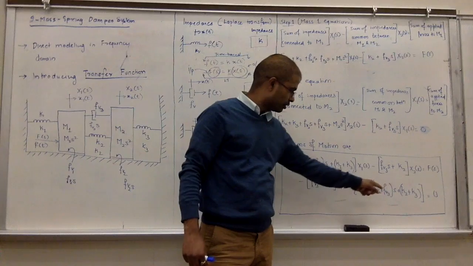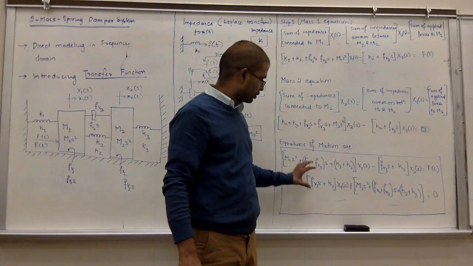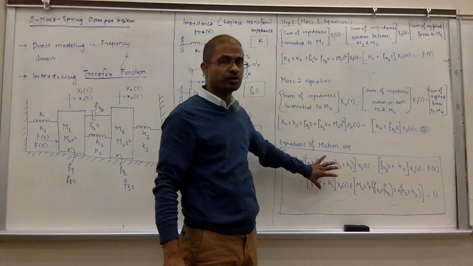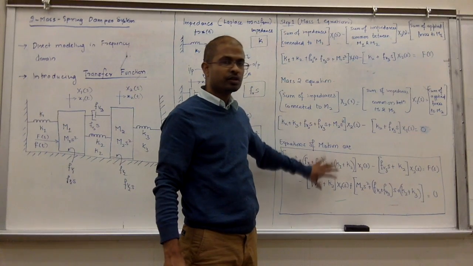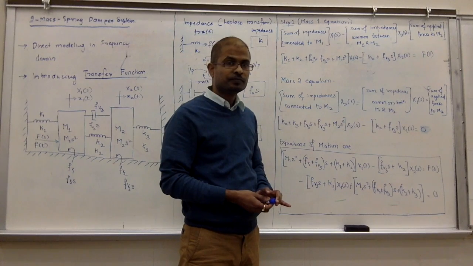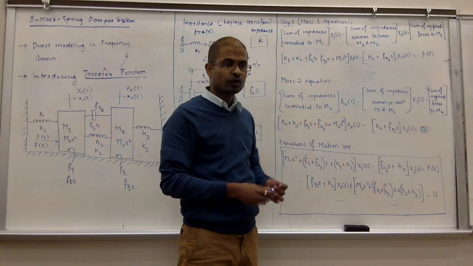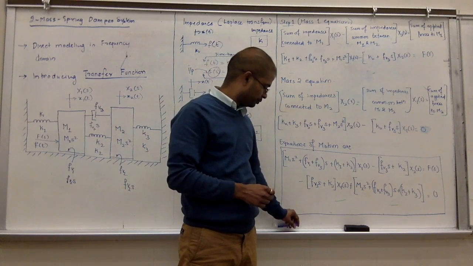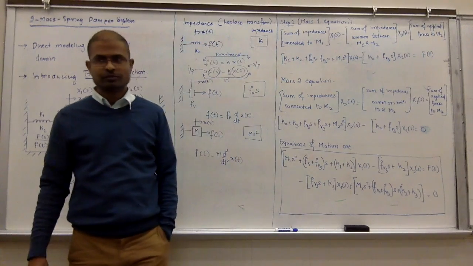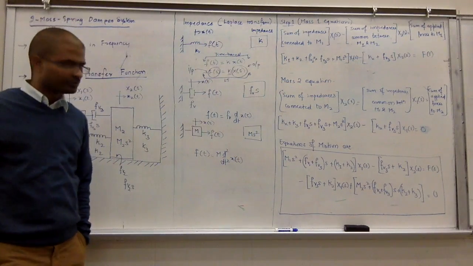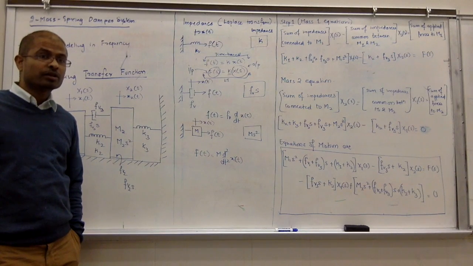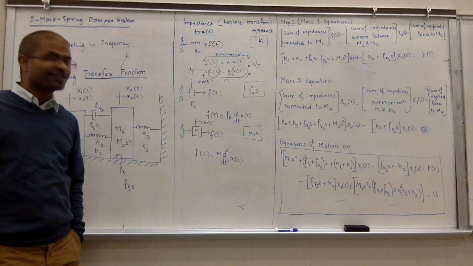So what I've done here is, look at these two equations and think about simultaneous equations. Do these look like simultaneous equations? What are the variables here? Remember, the constants are not variables.